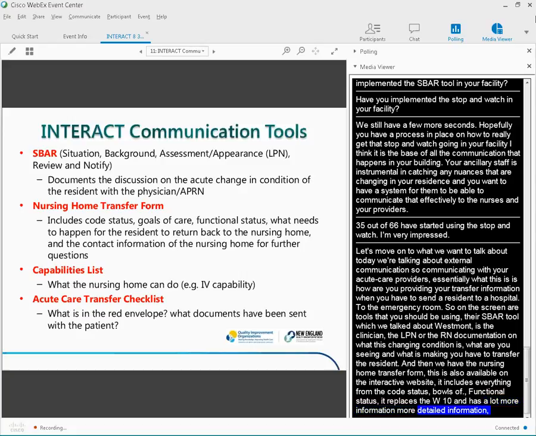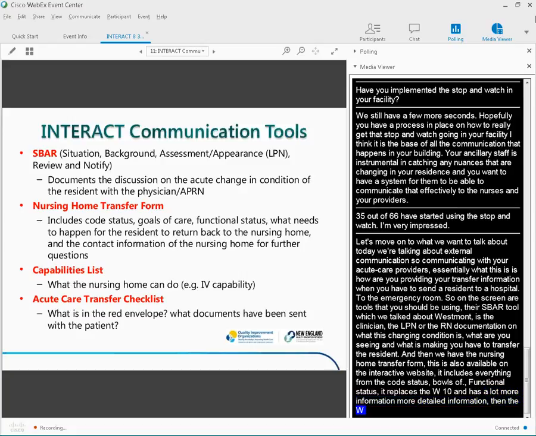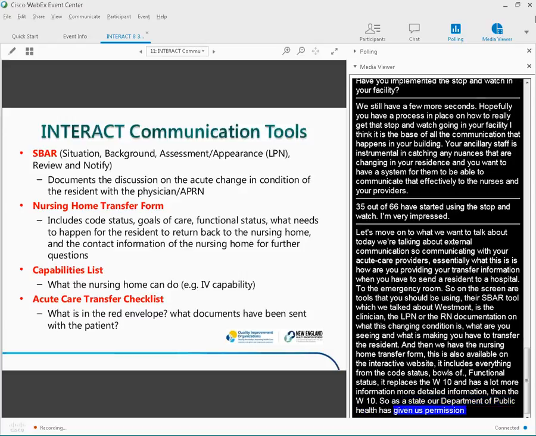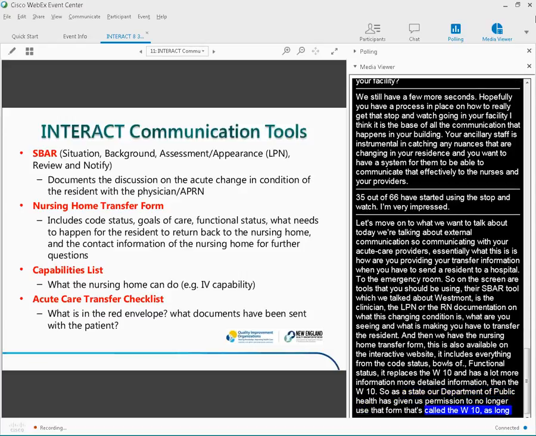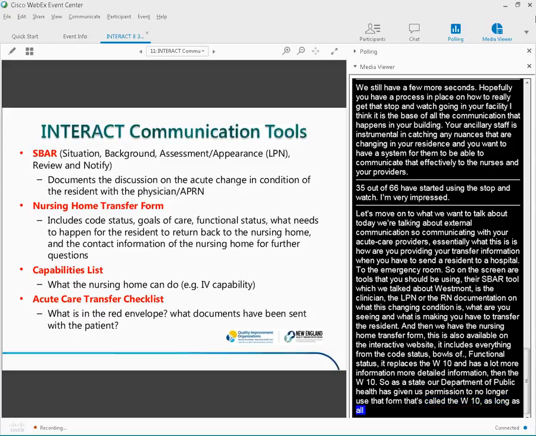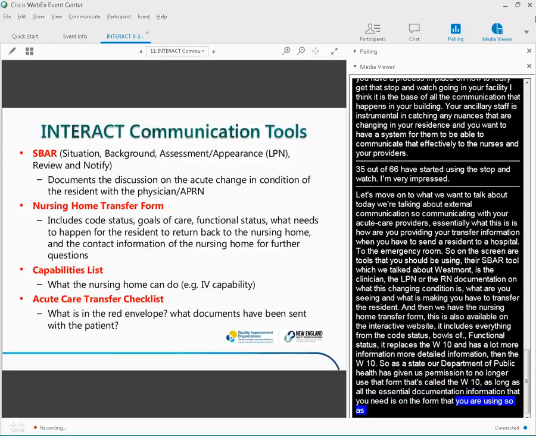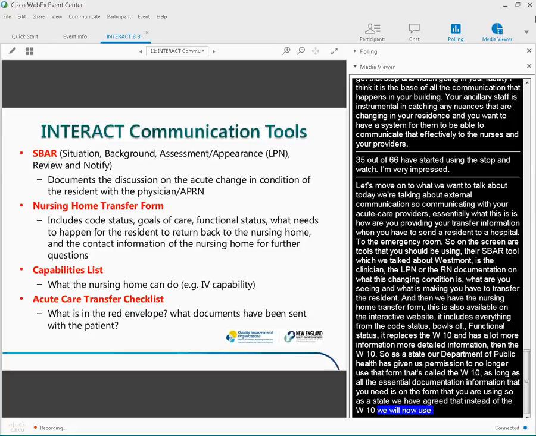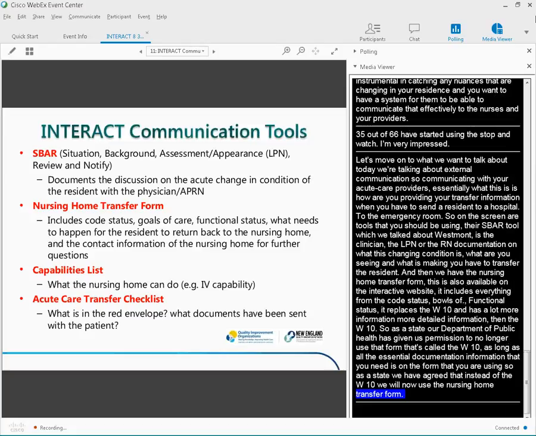So as a state, our Department of Public Health has given us permission to no longer use that form that's called the W-10 as long as all the essential documentation information that you need is on the form that you're using. So as a state, we have agreed that instead of the W-10, we will now use the nursing home transfer form. And feel free to reach out to any of us if you need to get more detail or if you need that DPH documentation, the fact block that went out a year ago.